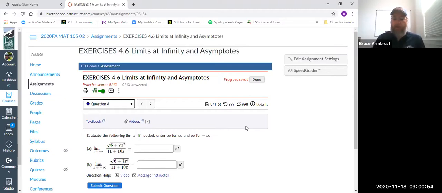It's behaving like the square root of an x squared. So in terms of the top and bottom of this thing, they're both being driven by the x term, either the square root of x squared or the x itself. So that actually tells me I'm going to get a finite number with my limit.